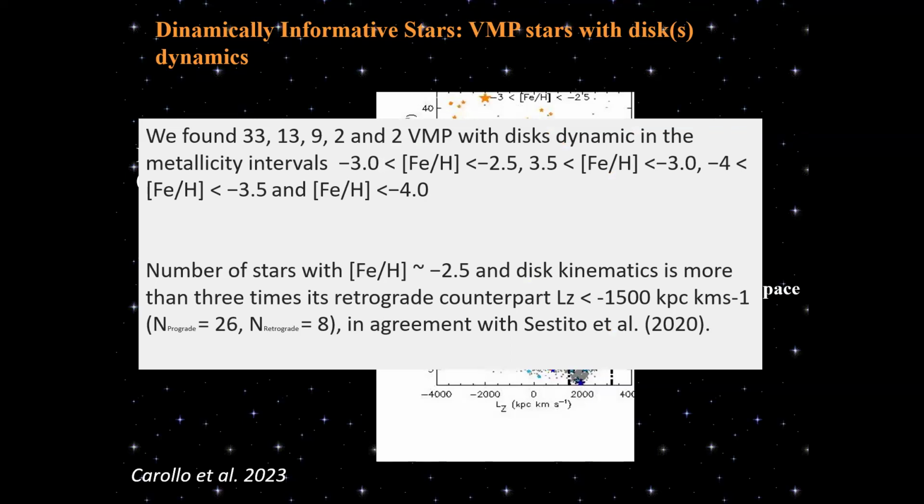So when we look at the stars in the phase space dominated by the disk and compare with the retrograde counterparts, what does it mean, retrograde counterparts? LZ is less than -1500, and I3 is less than 1000. We found that in the prograde direction, we got 3 times more stars than in the retrograde counterparts, in agreement with Sestito, and I think Michele also found similar results.